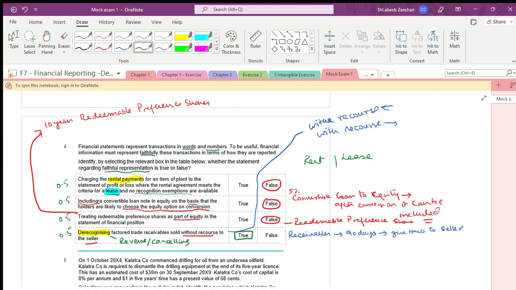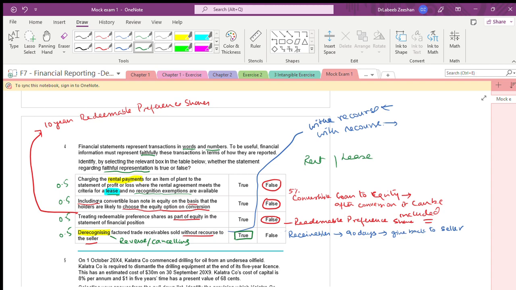De-recognizing means what I told you. I have given 100 riyals of receivables to the bank. The bank will take 90 days. After 90 days, if my receivables are not recovered by the bank, the bank will de-recognize, meaning they will return them back to me and take back the guaranteed amount, or in other words, the commission as well as the principal amount.